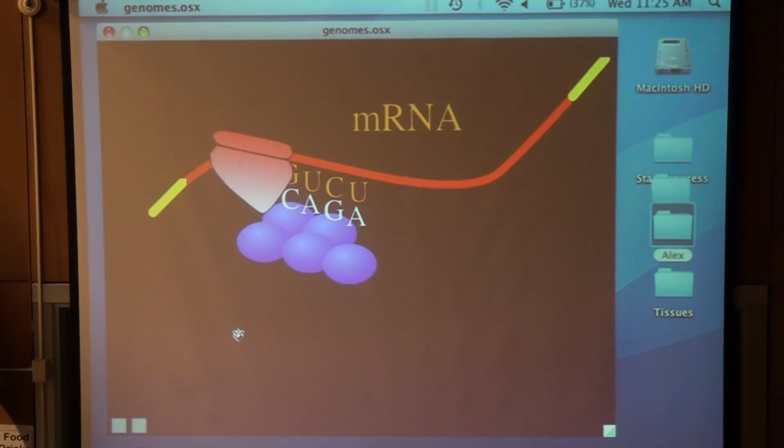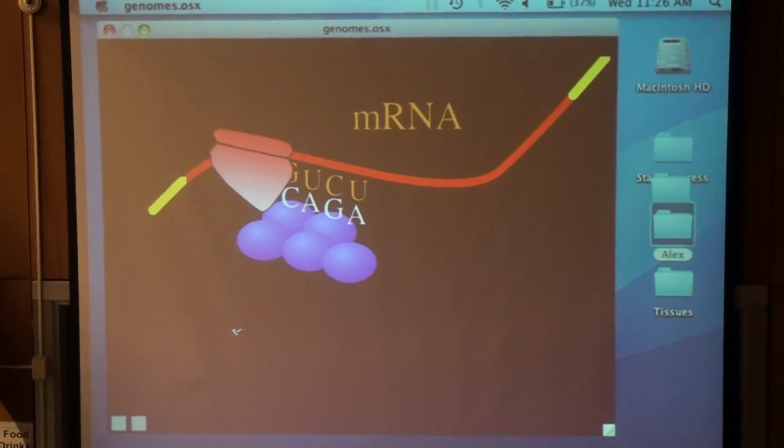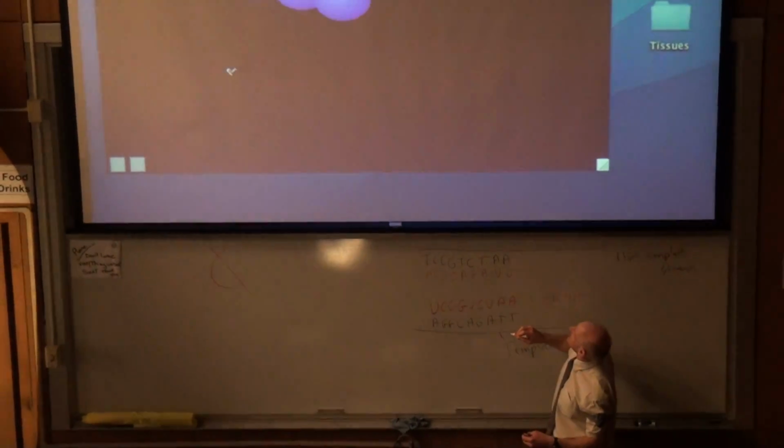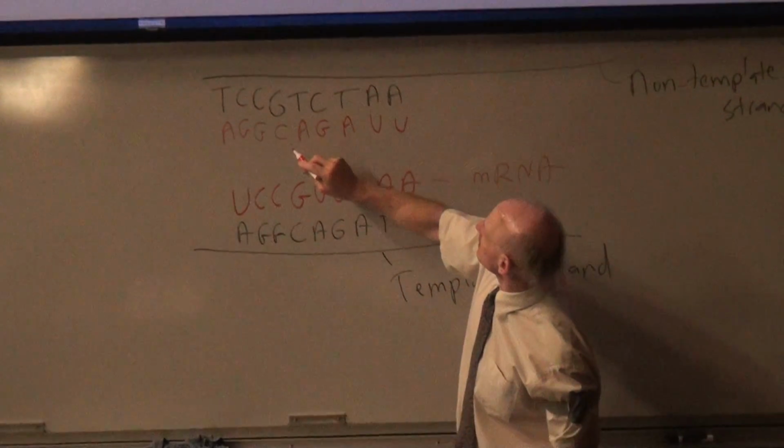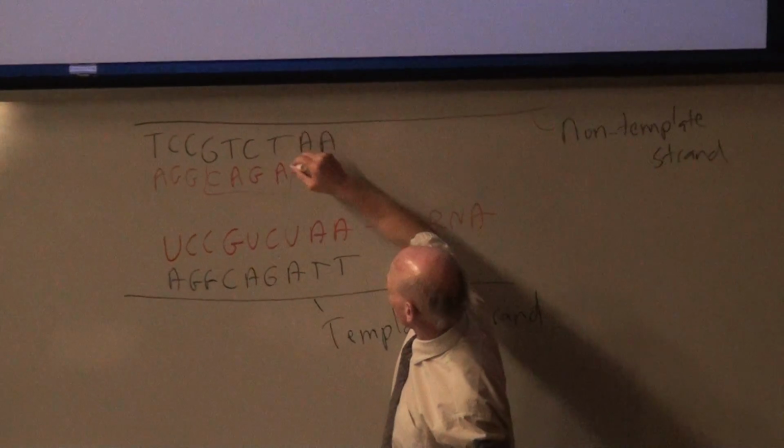The non-template strand. Imagine RNA polymerase bound onto the non-template strand, which again, it normally doesn't do. RNA polymerase normally binds onto the template strand. But if RNA polymerase bound onto the non-template strand, look what you'd get. You would get UUAGACGGA. And so notice you get a CAGA as part of that sequence.